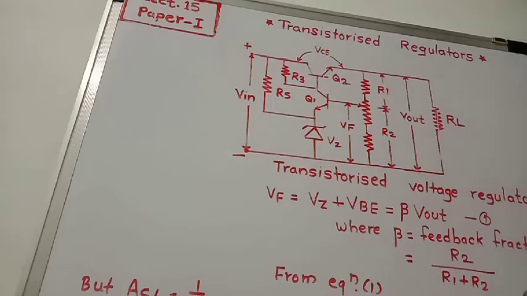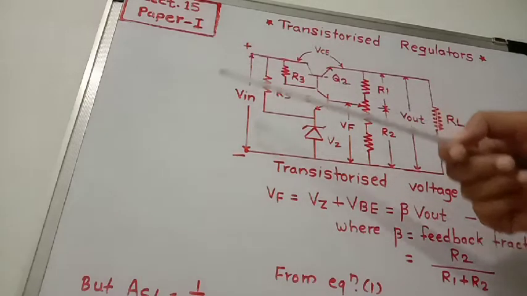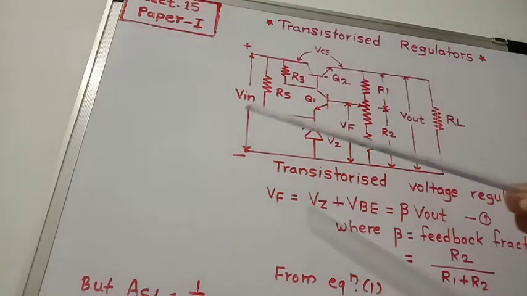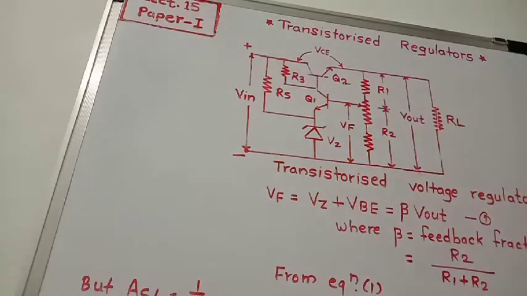Now suddenly if the input voltage increases, then the output voltage tries to increase. When the output voltage tries to increase, this voltage divider samples this voltage and provides a feedback voltage to the base of transistor Q1.